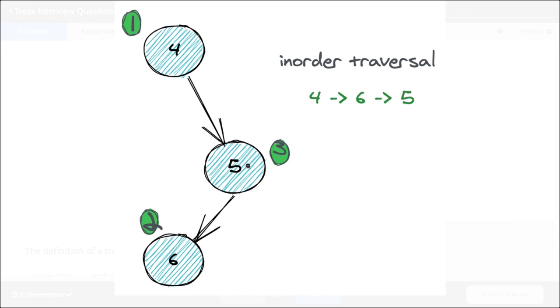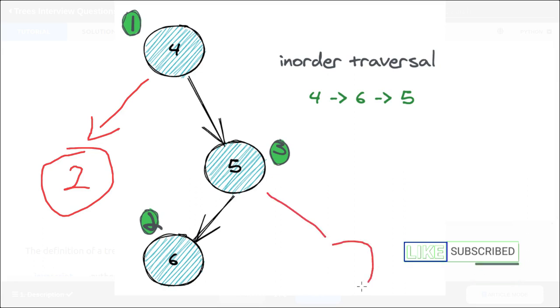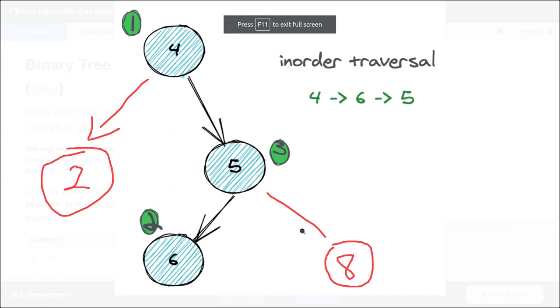Okay, so supposing we have one item at this part. Let me say, for example, we have 2 at this side. So we are going to have 2 first, followed by 4, followed by 6, and followed by 5. Then if we have another item here, let me say, for example, we have like 8.